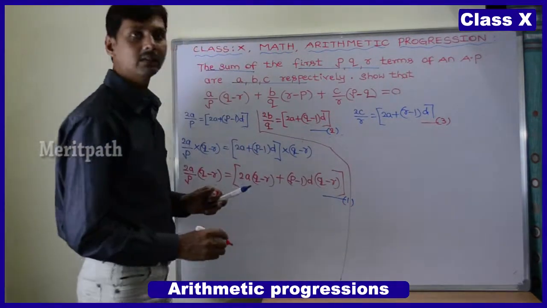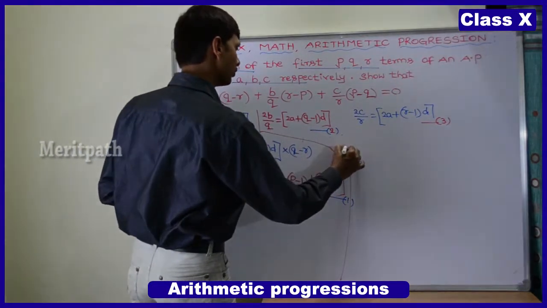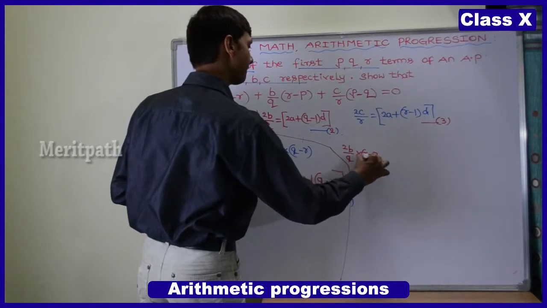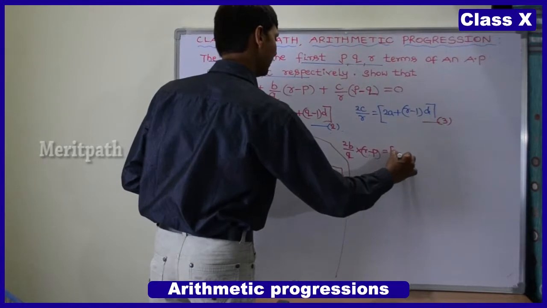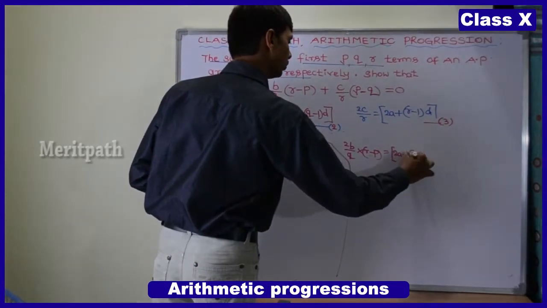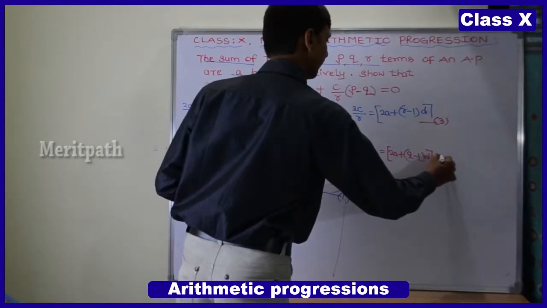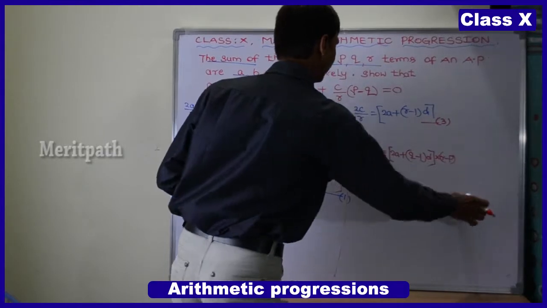Let us multiply the second equation by r minus p. 2b by q into r minus p is equal to 2a plus q minus 1 into d, into r minus p.